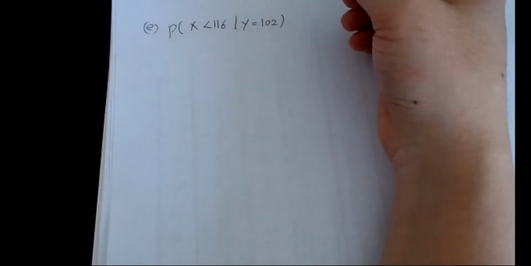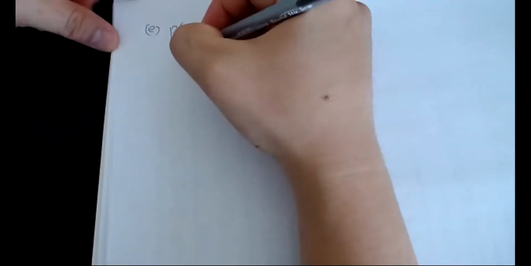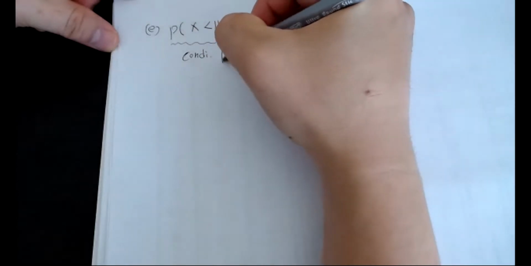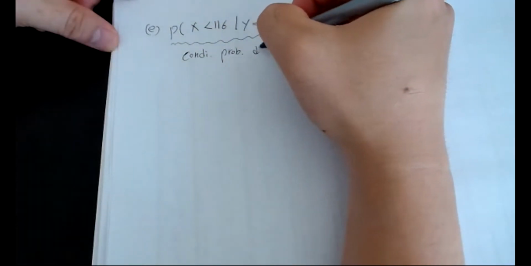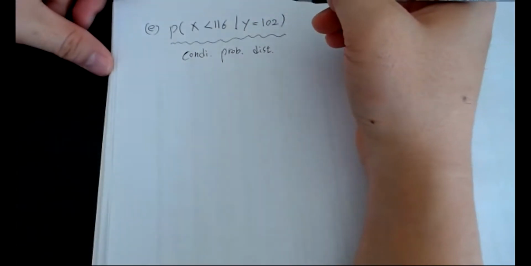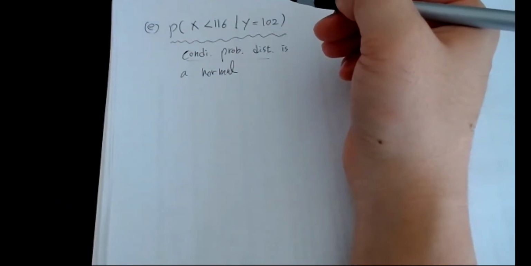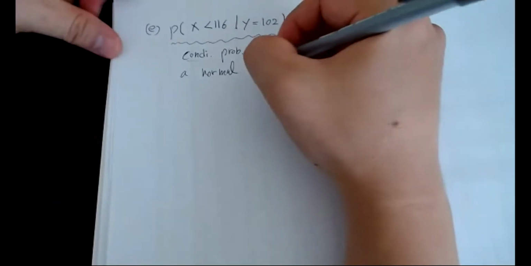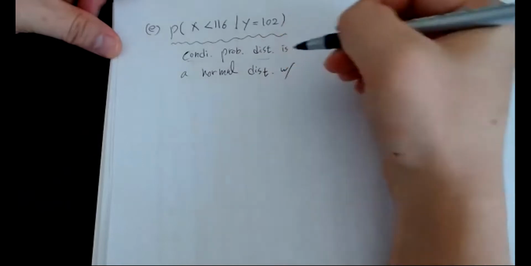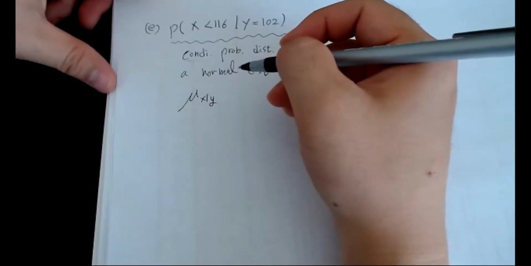Since x and y have a bivariate normal distribution, I told you the conditional probability distribution is also a normal distribution, with mean mu x given y and variance sigma squared x given y.